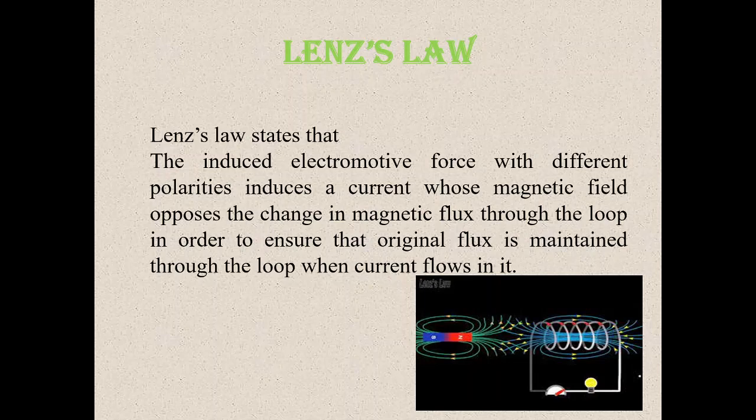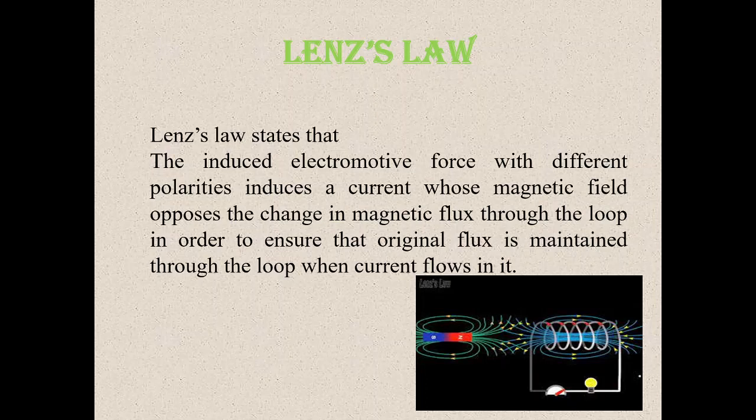This we studied in Faraday's law. What does Faraday's law state? E is equal to N into d phi by dt. So what do we need to introduce? We need to introduce a negative sign, and that will state as E is equal to minus N times d phi by dt. This is your Lenz law.